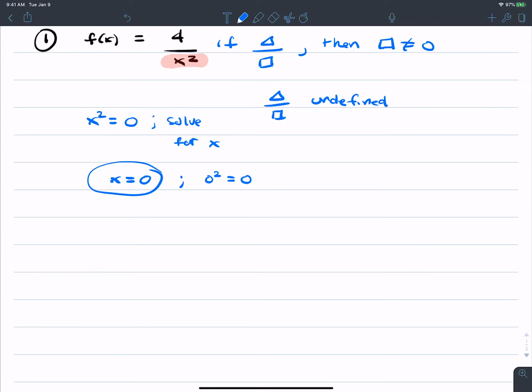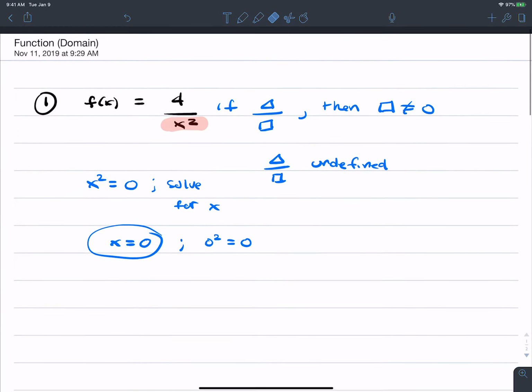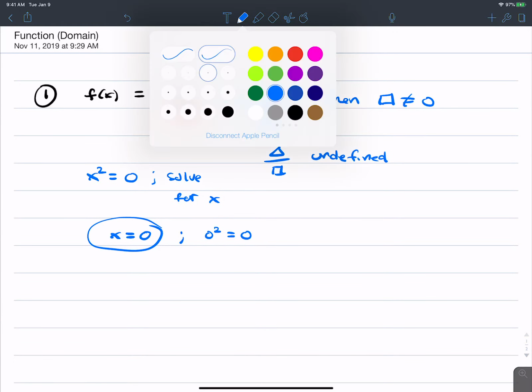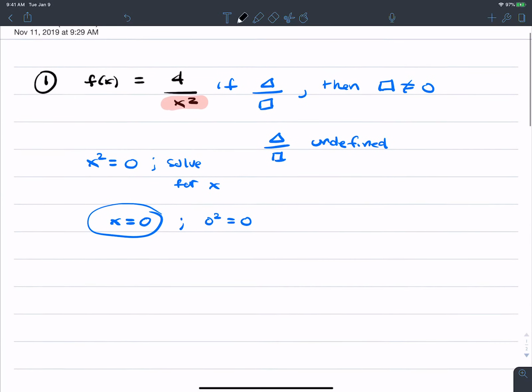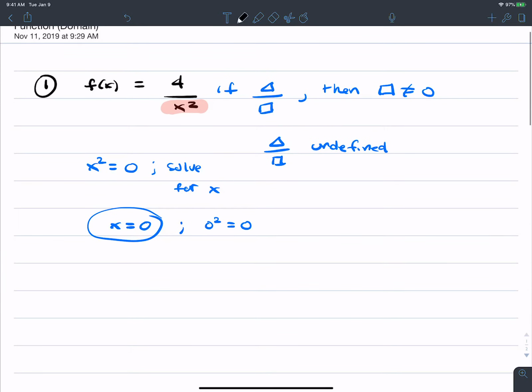However, when we're talking about the domain, by definition it was a set of all input values. And so in the context here, where we have a rational function, using 0 as an input will give us an undefined fraction, right?